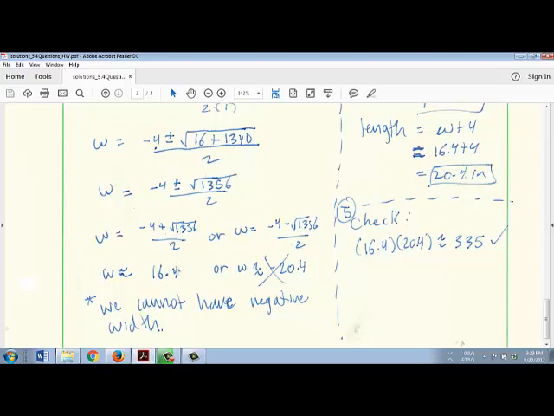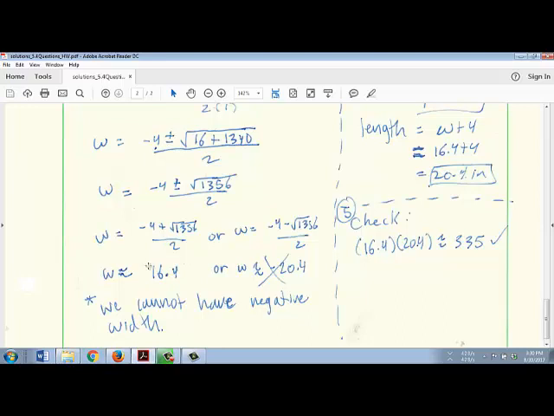Putting these in the calculator, negative 4 plus the square root of 1,356 divided by 2 is approximately 16.4. Negative 4 minus the square root of 1,356 divided by 2 is approximately negative 20.4. We're not going to use a negative result because we're dealing with dimensions of a rectangle and it does not make sense to have a negative dimension.